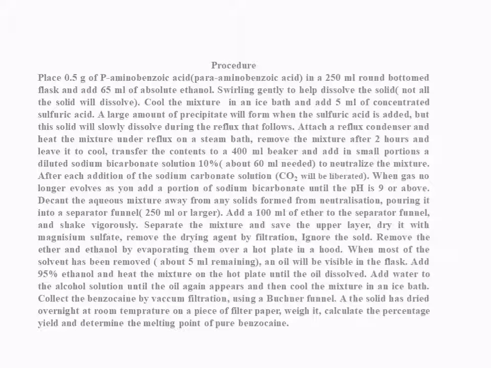Decant the aqueous mixture away from any solid formed from neutralization, pouring it into a separatory funnel, 250 ml or larger. Add 100 ml of ether to the separatory funnel and shake vigorously. Separate the mixture and save the upper layer.